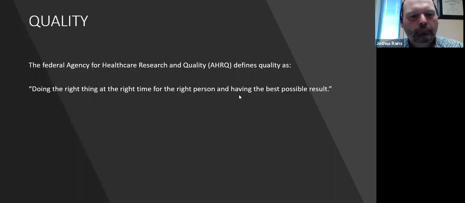So this is safety. Let's talk about quality. The Agency for Healthcare Research and Quality defines quality as doing the right thing at the right time for the right person and having the best possible result. I could break this down into three different elements, but it would be redundant.